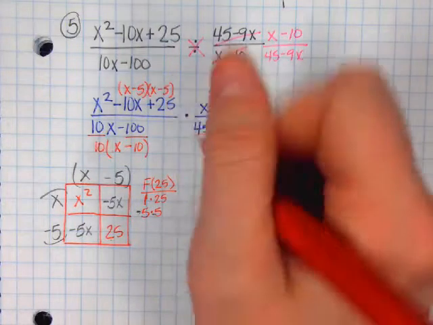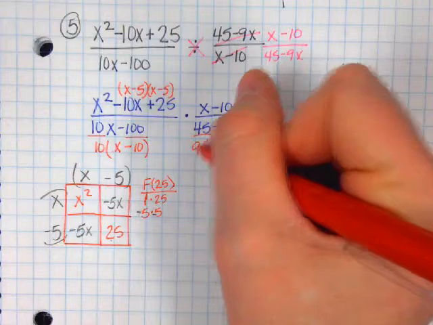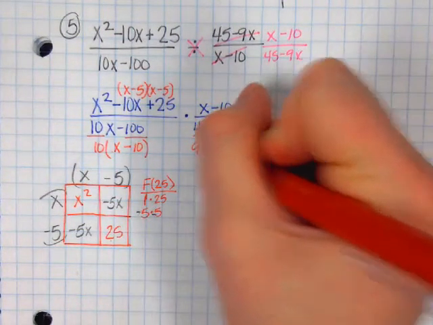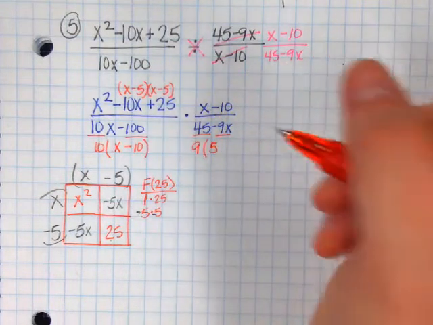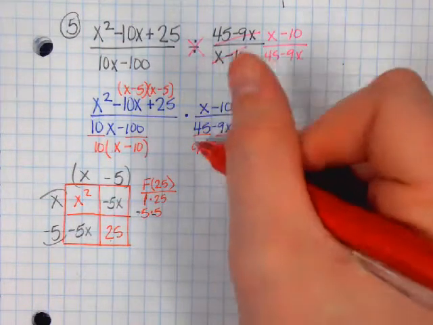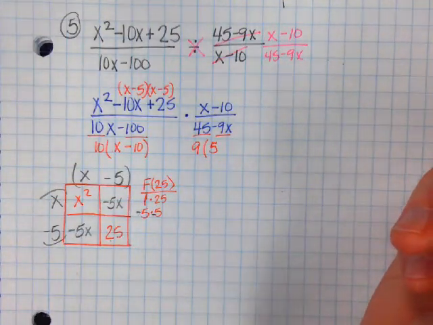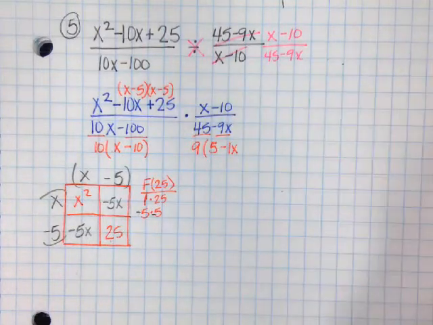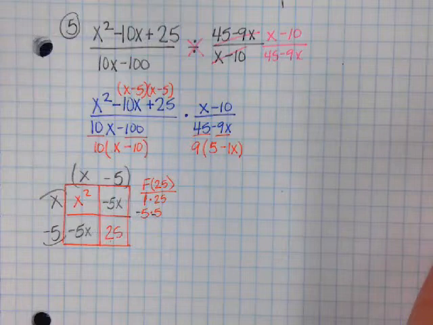Then 45 minus 9x. Well, those are both divisible by 9. So we're going to factor out a 9. 9 times what gives you 45? 5. 9 times what gives you negative 9x? Negative 1x.